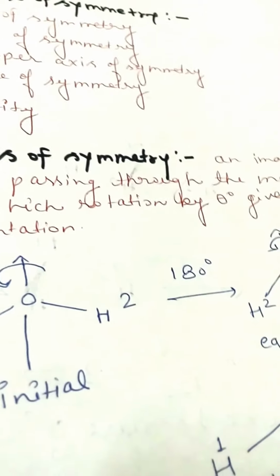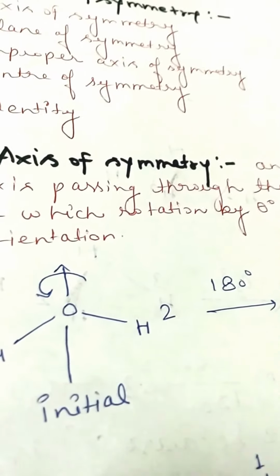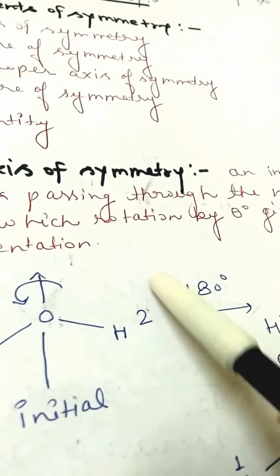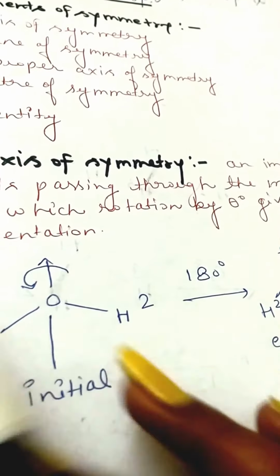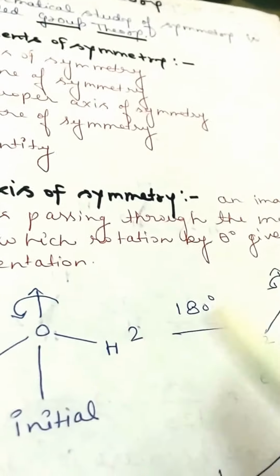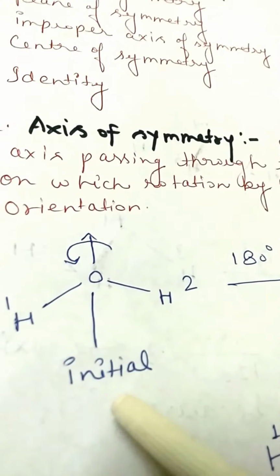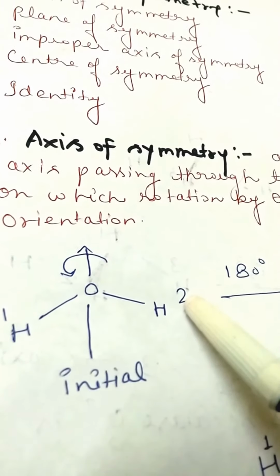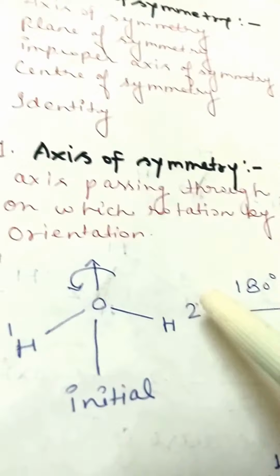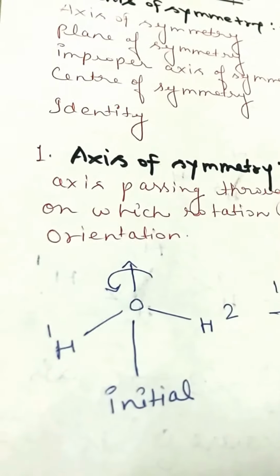Here I told you how we calculate the angle by which we have to rotate our molecule. So here we rotated this water molecule by 180 degrees.